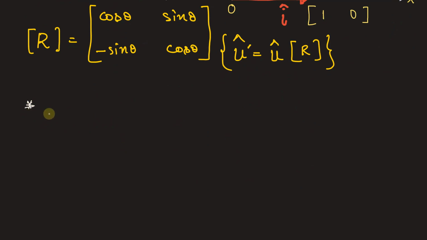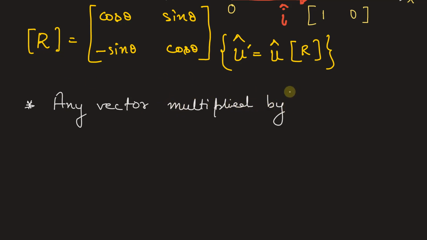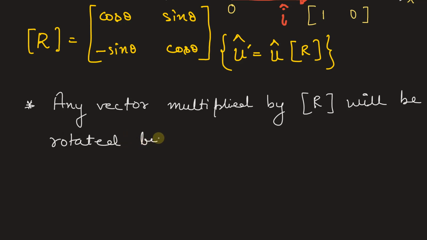It's very important to understand. Any vector that is in this xy plane multiplied by this rotational matrix R will be rotated by 30 degree in the xy plane.